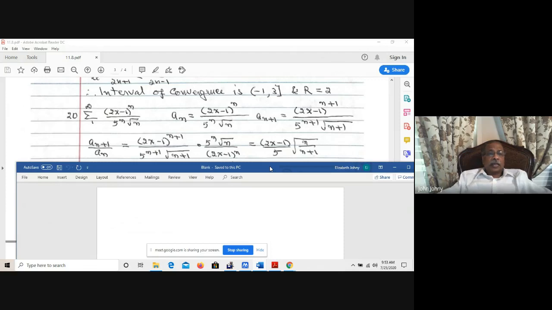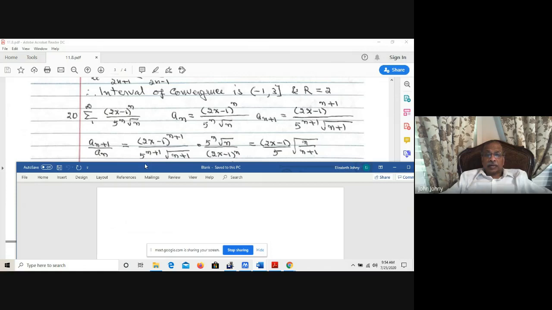Therefore, a_(n+1) over a_n is (2x minus 1) to the power of n plus 1 divided by 5 to the power of n plus 1 times square root of n plus 1, multiplied by the reciprocal of a_n, that is 5 to the n square root of n divided by (2x minus 1) the whole to the power of n.